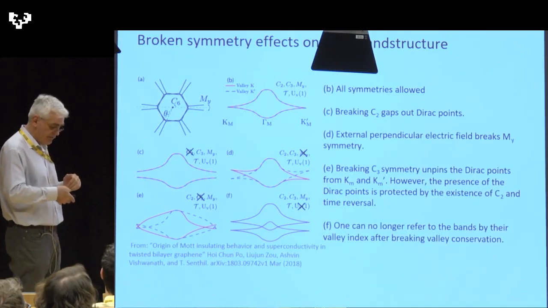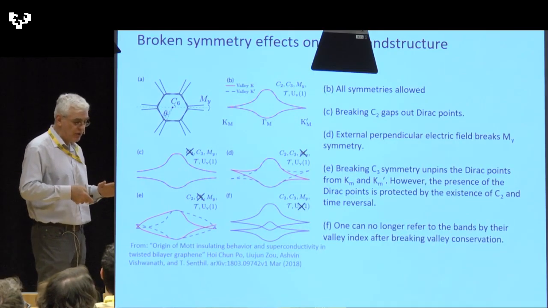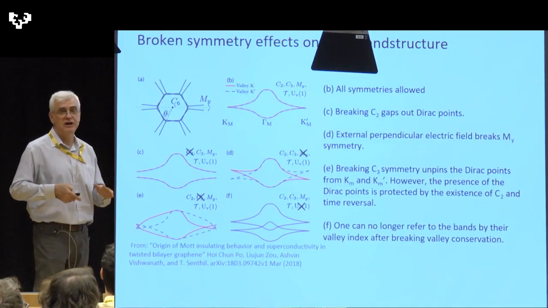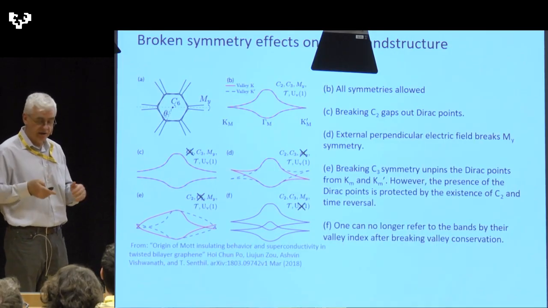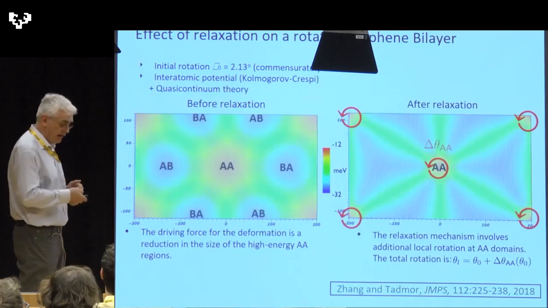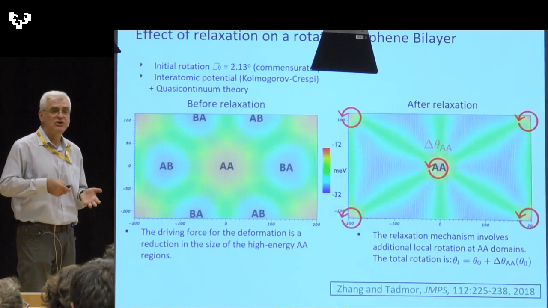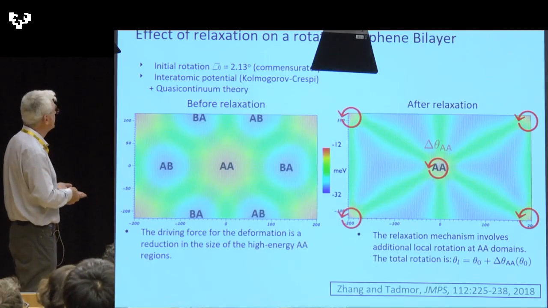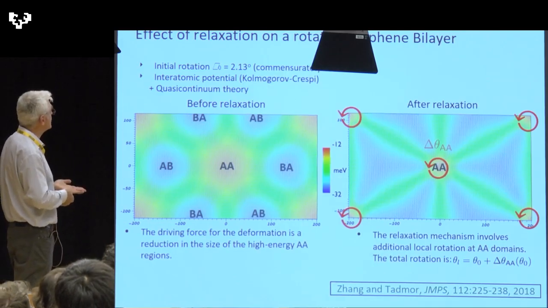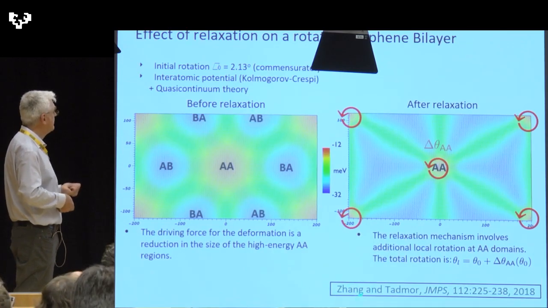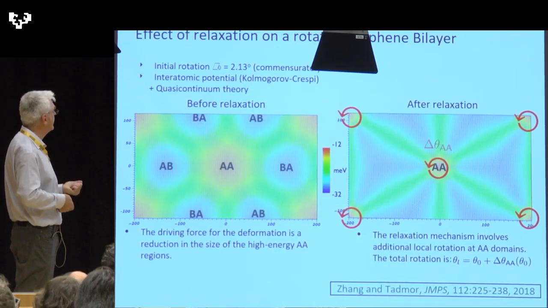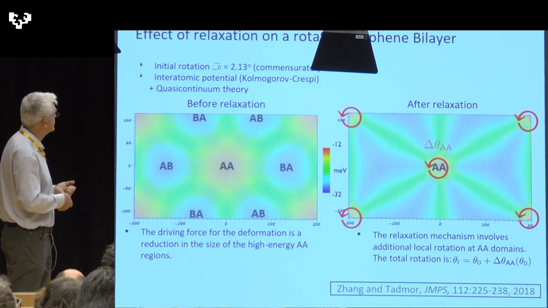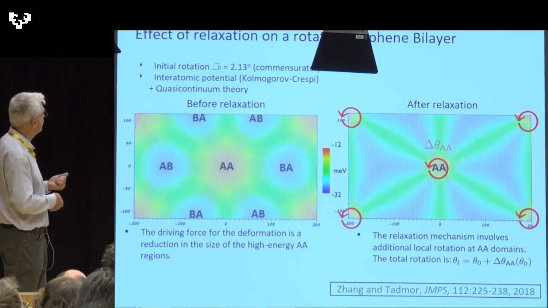So this is all very nice, but it's not quite adequate, because symmetry considerations alone cannot capture the whole story. In fact, a very big part of the story is the atomic relaxation, and I haven't told you much about that. This is work that first appeared by the group of Ellad Tadmor and collaborators, and pointed this very important feature out.